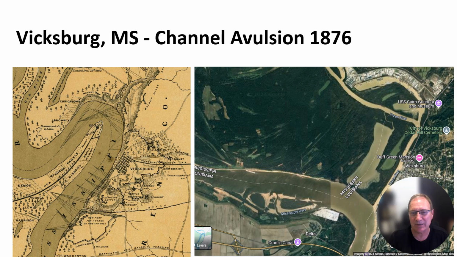Vicksburg, Mississippi is really the best example I can offer of how a city had an avulsion that caused it to, for a time, substantially lose its attractiveness as a waterfront port. The city of Vicksburg at one time was a really substantial river port on the Mississippi River.